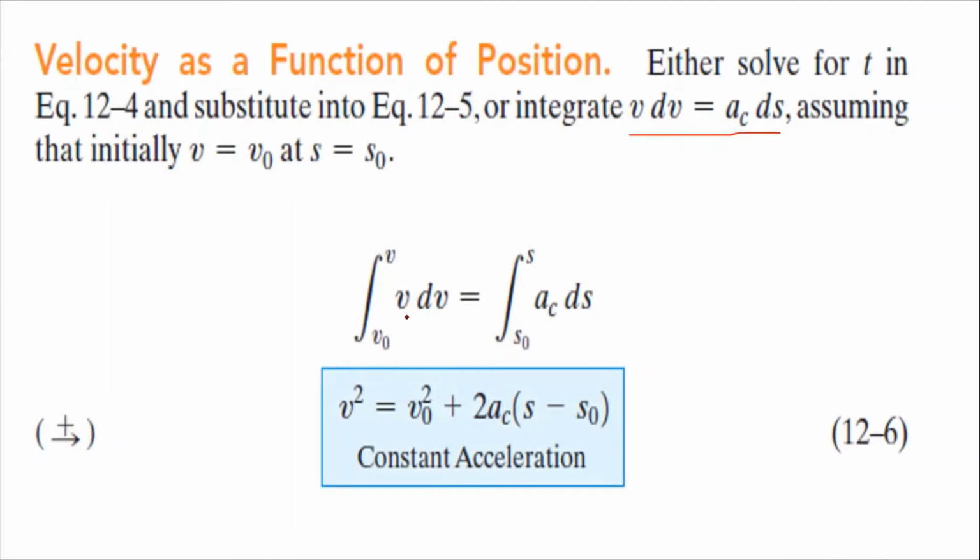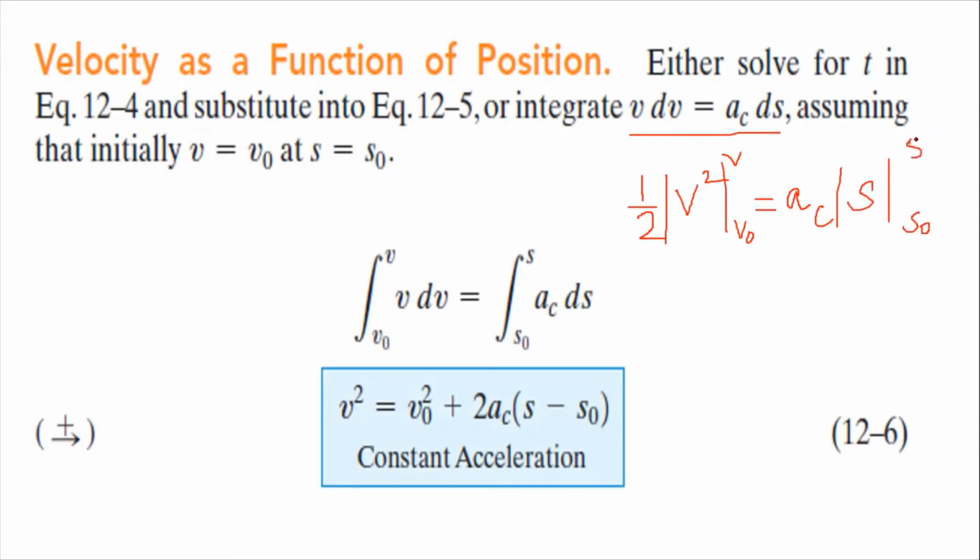So it will become 1 upon 2 v square, with initial v naught and final v. a comes as a constant, or you can say coefficient, and then this is s, so it will be s naught to s.